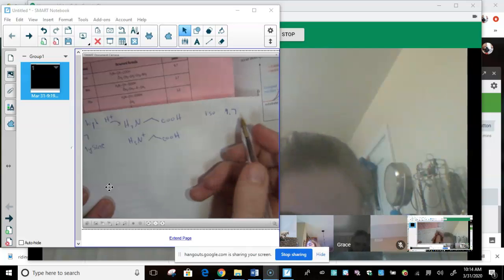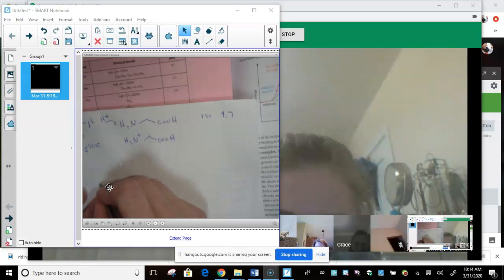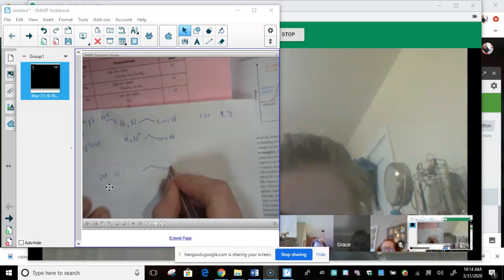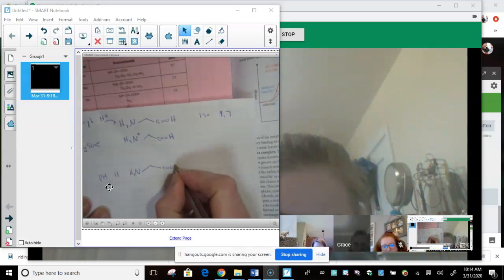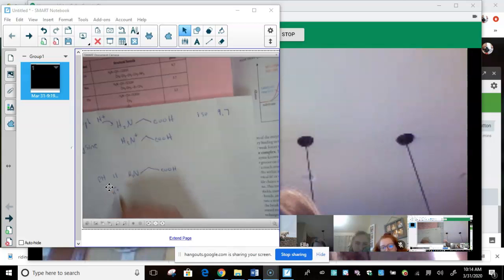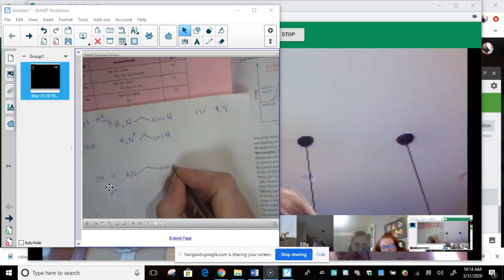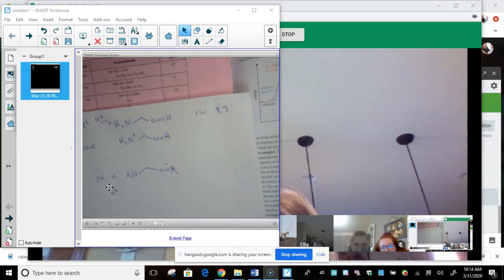If we look at what if it was a pH of 11? pH 11, this is now a low H plus environment. So therefore the H's are going to leave the amino acid into the environment. So that goes away and it forms a negative charge.